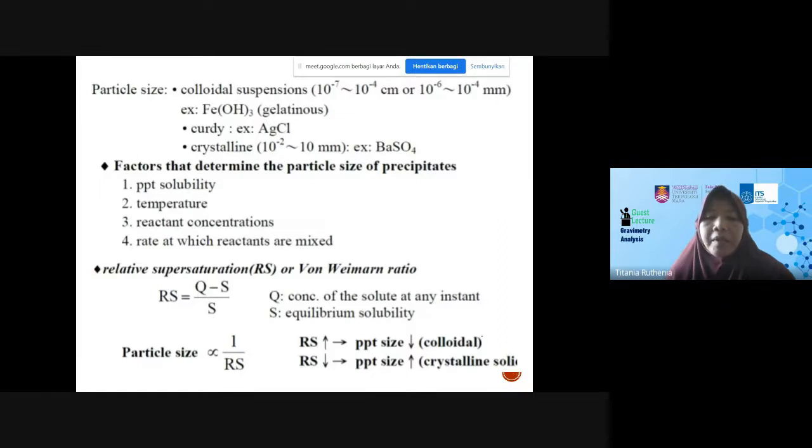It will form colloids, and if the RS is small, then the precipitate size increases, and we will get a crystalline solid. This is our goal, to have a crystalline solid with a certain form that is easy to filter, dry and weigh.